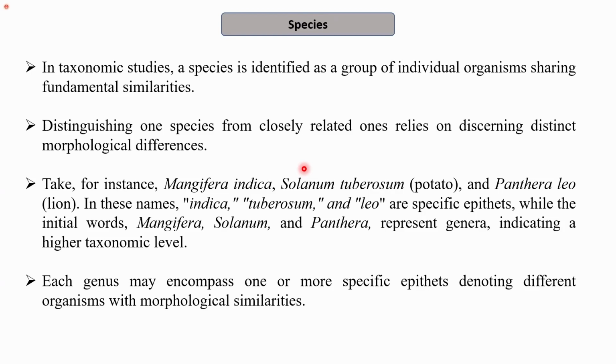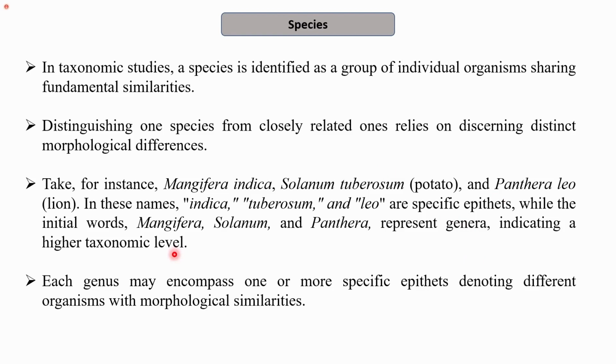In these names, as we learned in the last lecture on binomial nomenclature, indica, tuberosum and leo represent the specific epithet or the species, while the initial words like Mangifera, Solanum and Panthera represent the genera, which indicate a higher taxonomic level, which is the genus.